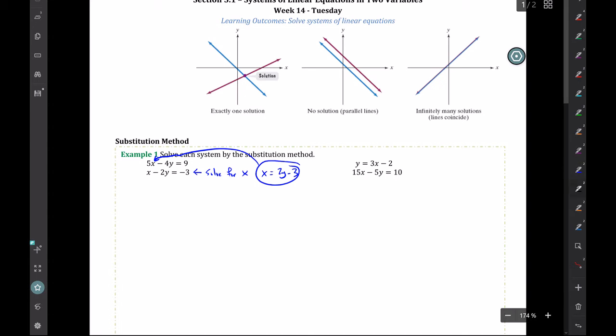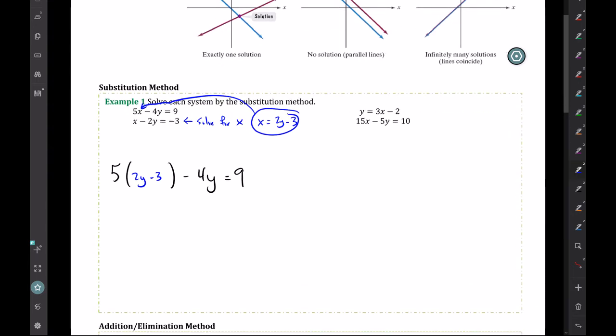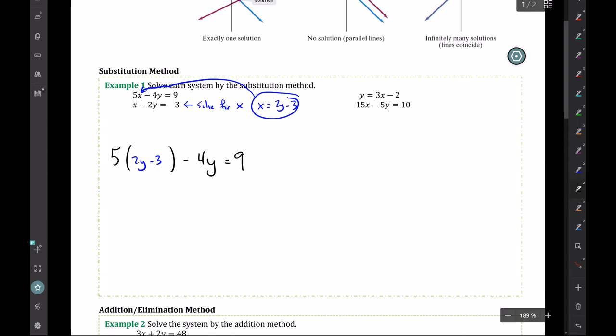Now I can take the 2y minus 3 and plug that into the other equation in for x. So I get 5 times x minus 4y equals 9, plugging in 2y minus 3 for x. Now I need to distribute the 5. I should get 10y minus 15 minus 4y equals 9.